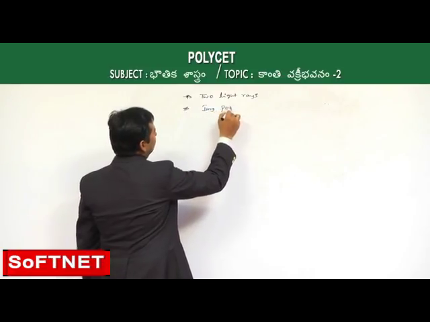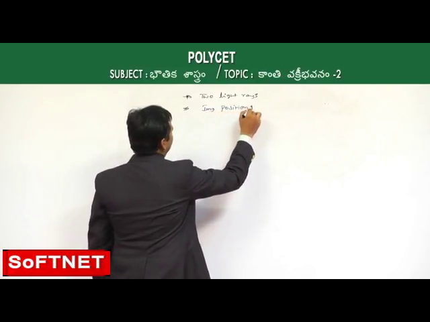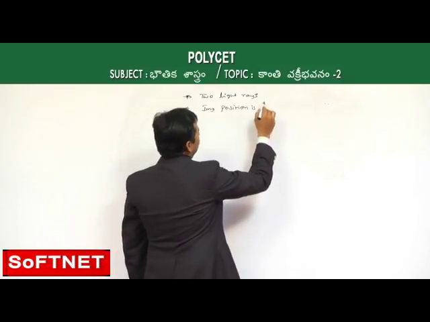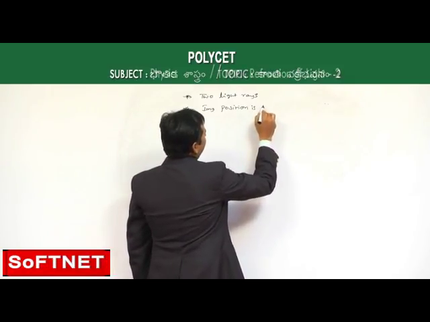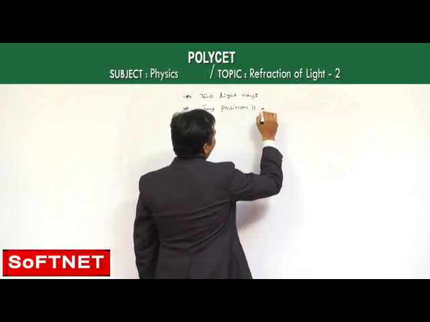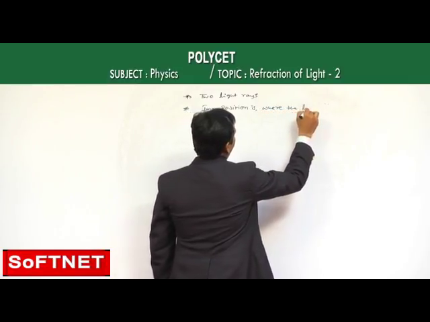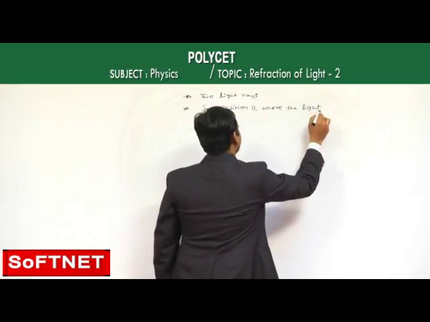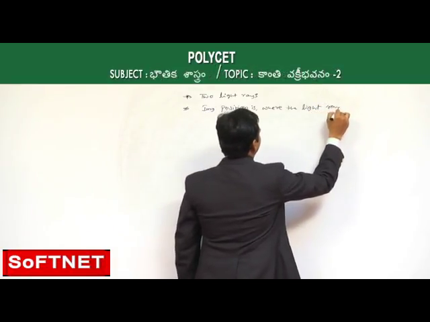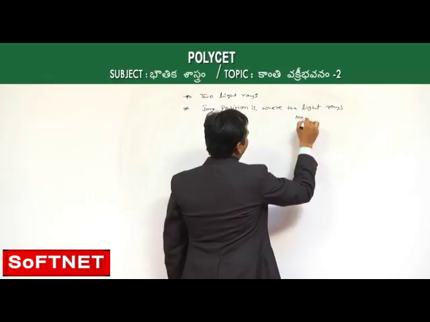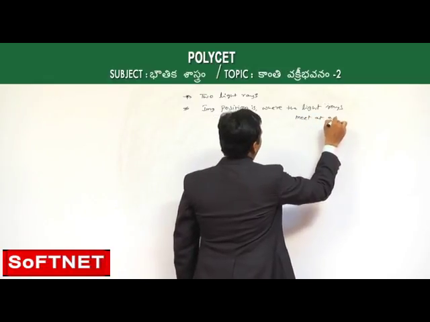Image position is nothing but where the light rays meet at a point.